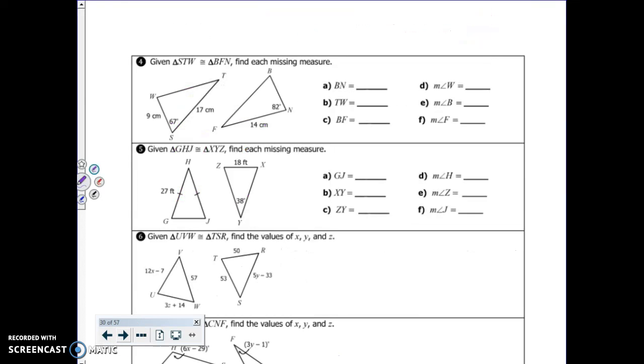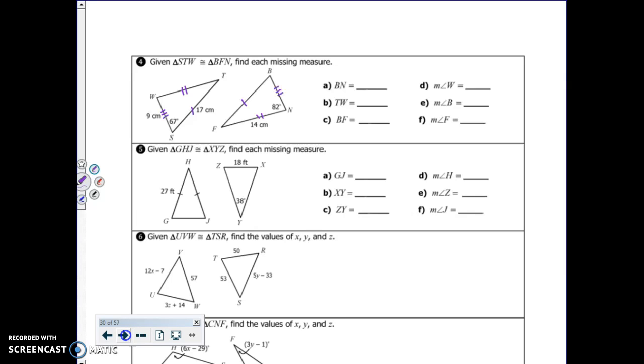And then you're responsible for this back page before you leave today. And again, you have these congruency statements, so I would probably put in some tick marks. ST is going to be the same as BF. TW is going to be the same as FN. And then SW is going to be the same as BN.